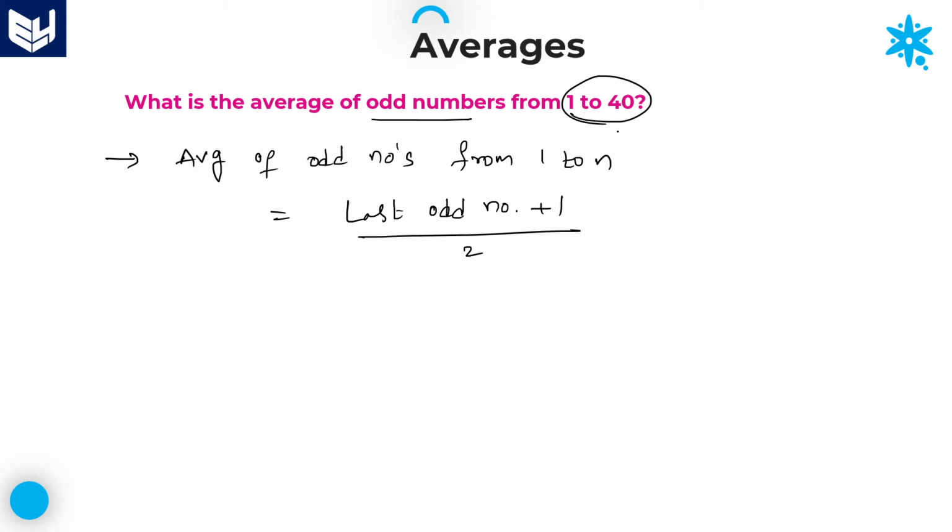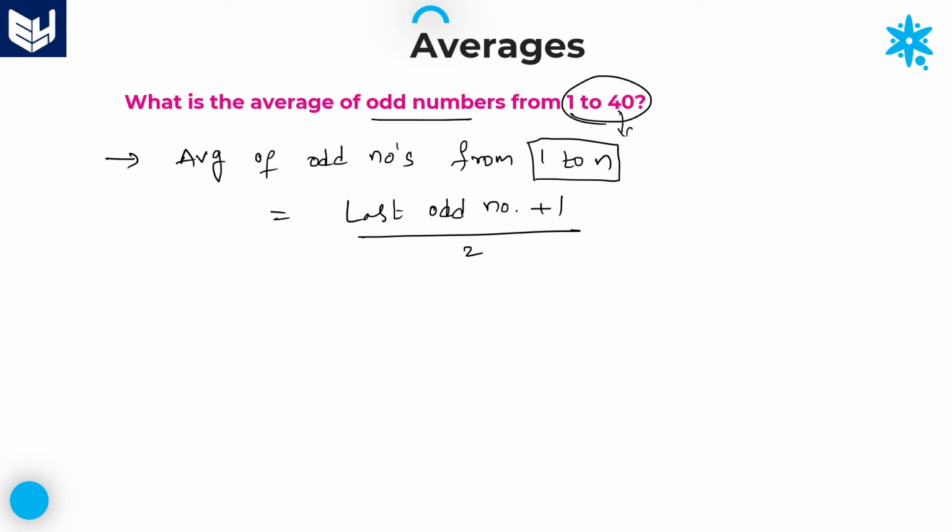Irrespective of the value of n, whether that value is an even number or an odd number, the logic is that we must take the last odd number. If the ending number is odd, you can take that ending number.